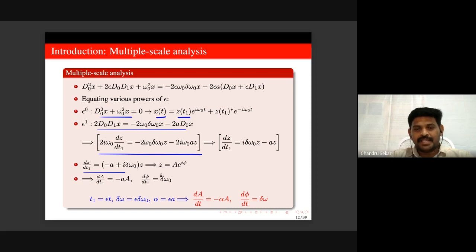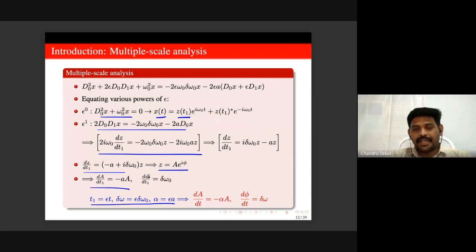Now defining z equal to a e power i phi, I get the equation for a and phi. And introducing the transformation again, I get the equation for a and phi in the fast time scale.